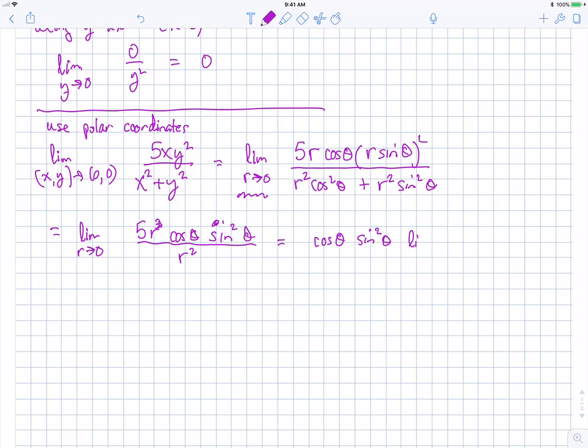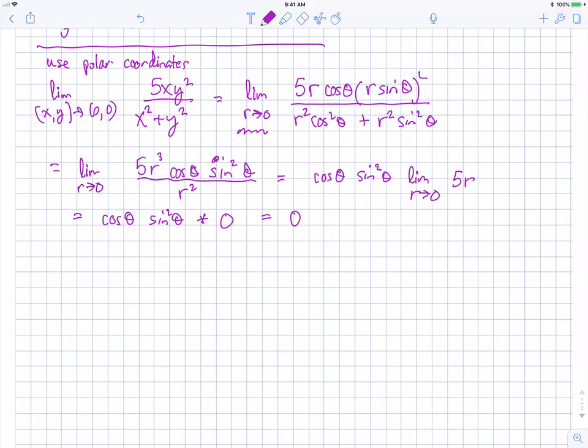The limit as r goes to 0 of 5r cubed, excuse me, that's hard to read because I wrote it so sloppily, over r squared. I can reduce the powers of r there to simply 5r. And so we get cosine theta sine squared theta times 0 when we evaluate that final limit. Anything times 0 is 0, so that proves that the value of this limit is 0.